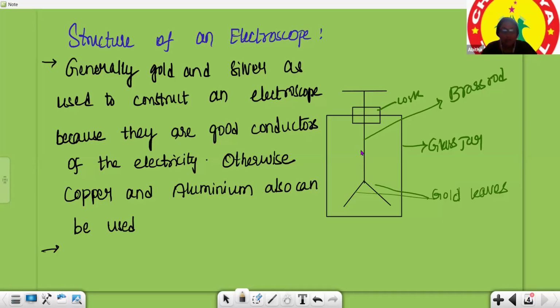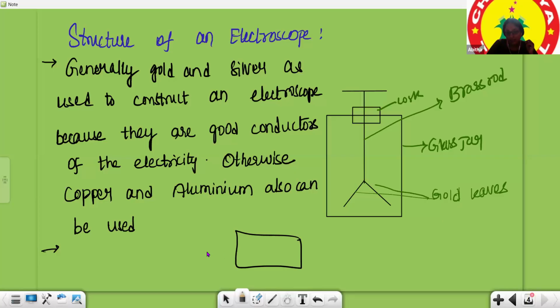I think in the last class I also explained how, in solids, the atoms are compactly arranged. Because of that, movement from one atom to another is very easy. As well, in metals a lot of free electrons are present, and because of the free electrons, electricity can pass easily through them.